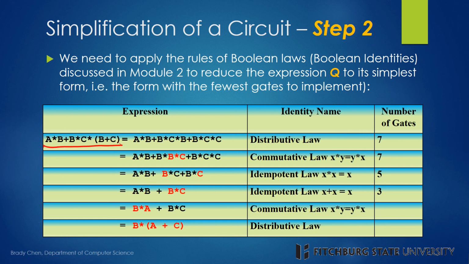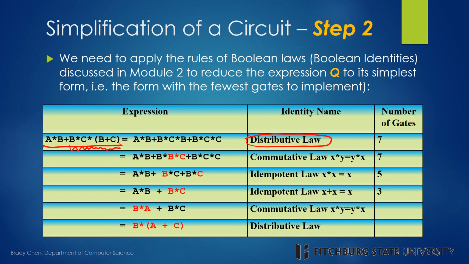Now the first step we can do is expand the second term, B times C times B plus C. We expand it using the distributive law discussed in the Boolean identities in Module 2.